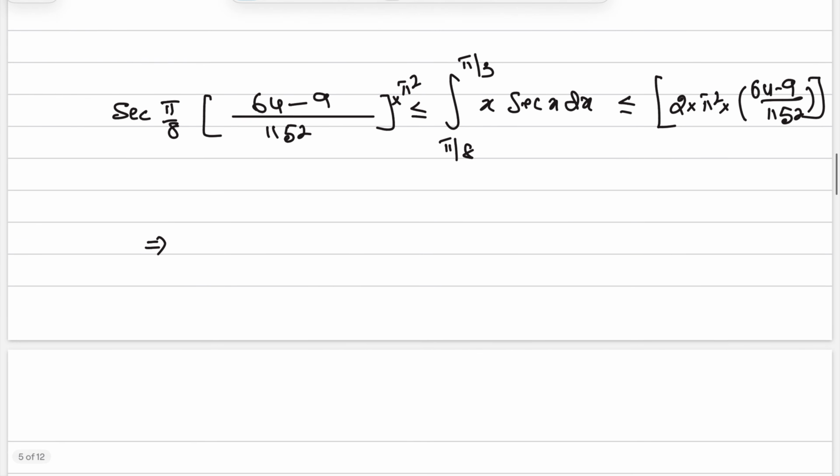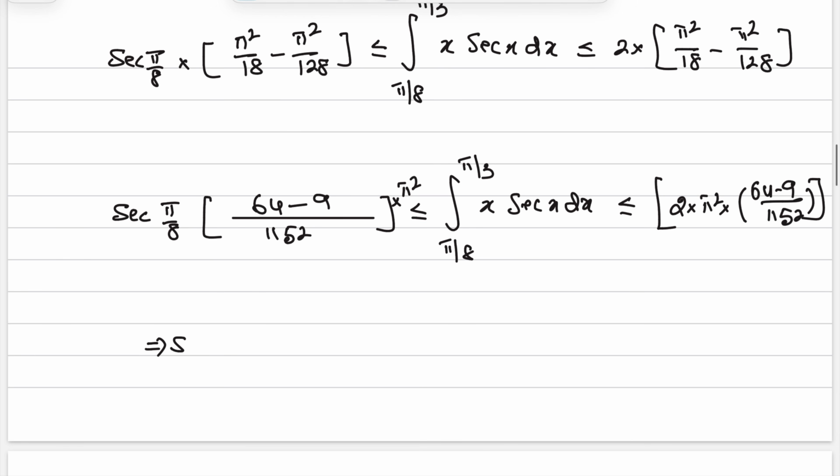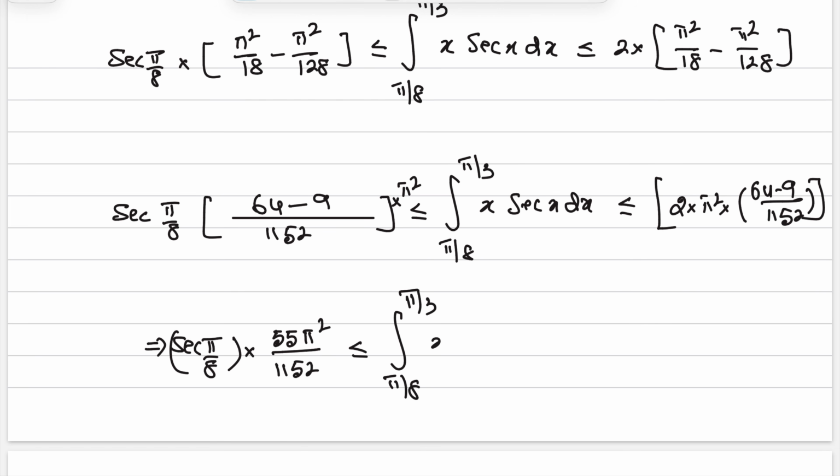That implies secant pi by 8, this is one value, into 64 minus 9 is 55. 55 pi square by 1152 is less than or equal to integral pi by 8 to pi by 3 x secant x dx is less than or equal to 2 into 55 pi square by 1152. 2 into 55 pi square by 1152.